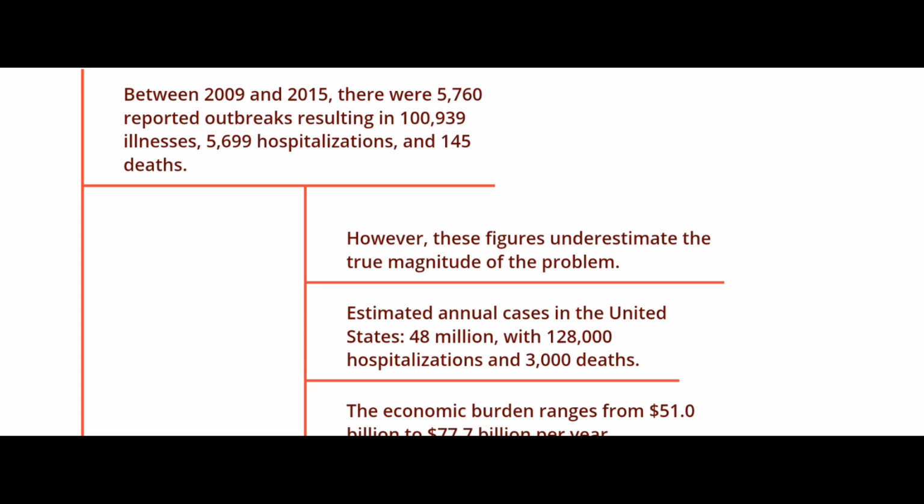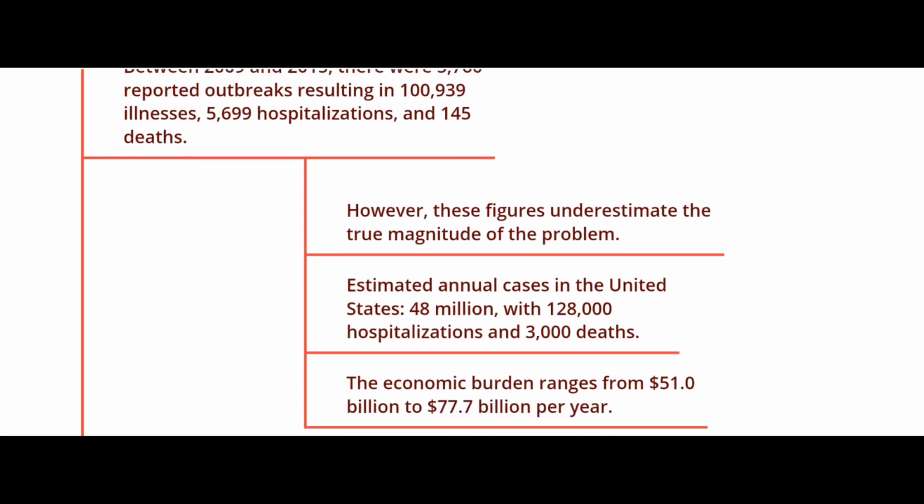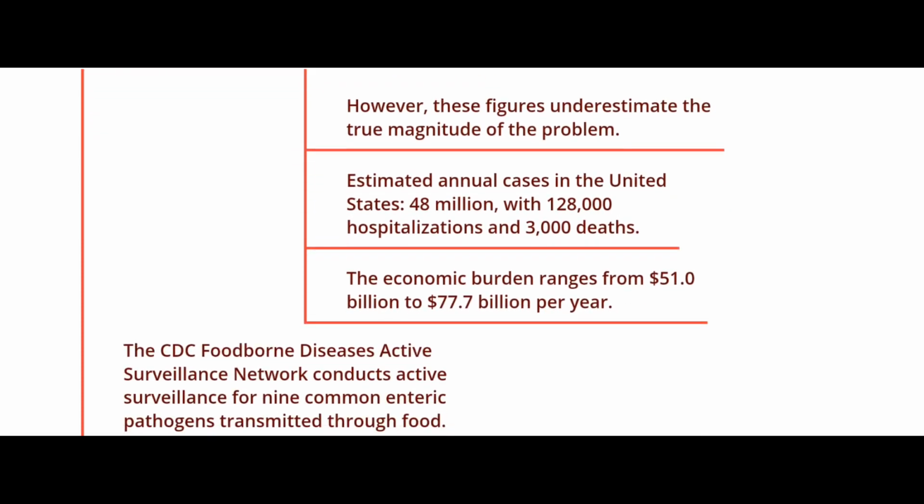These figures underestimate the true magnitude because we have underdiagnosis. Estimation of the cases in the United States is around 3,000 deaths, which is more close to the reality of the situation. The economic burden can range from 51 billion to 77 billion.